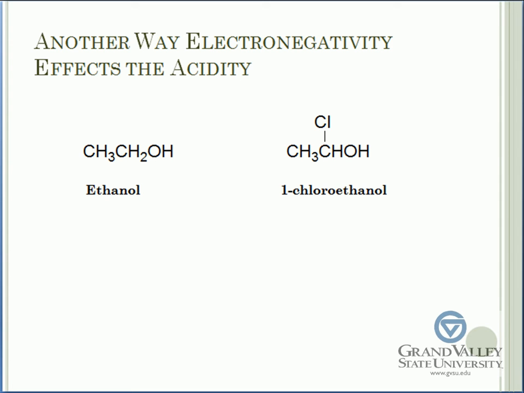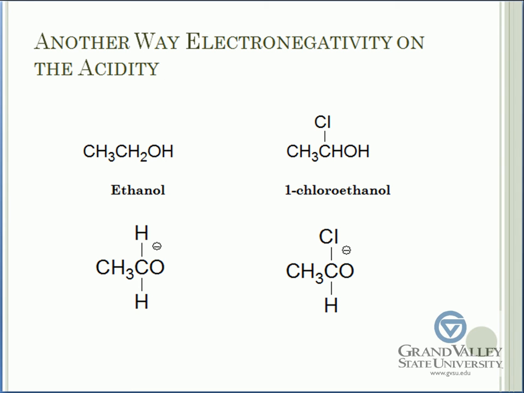For example, consider ethanol and 1-chloroethanol. Which do you think is more acidic? Why? Let's look at their conjugate bases. One anion has a chlorine atom. As chlorine atoms have high electronegativities, they will pull electrons towards them.